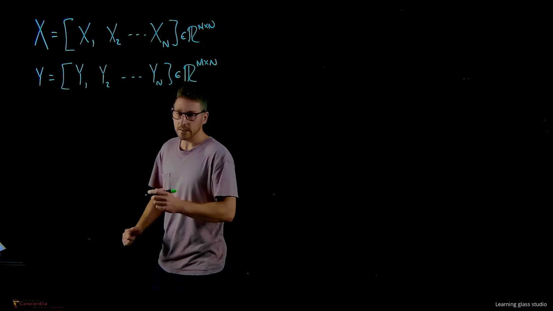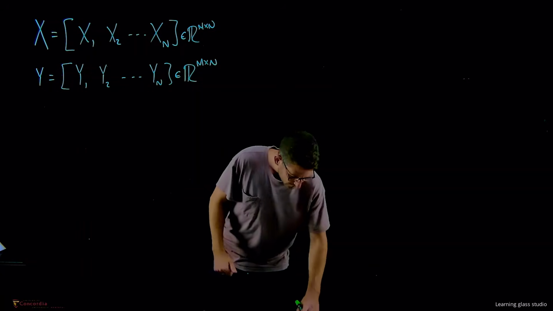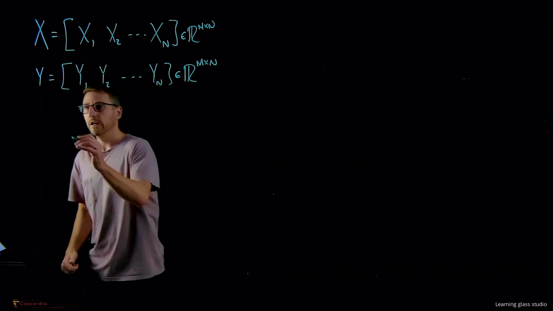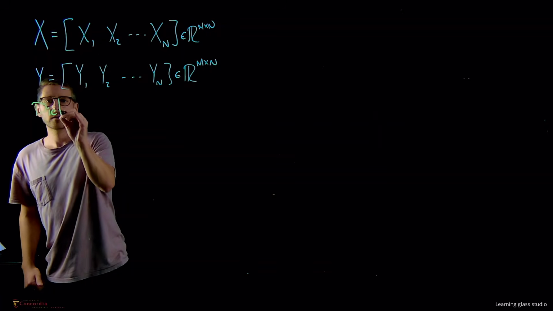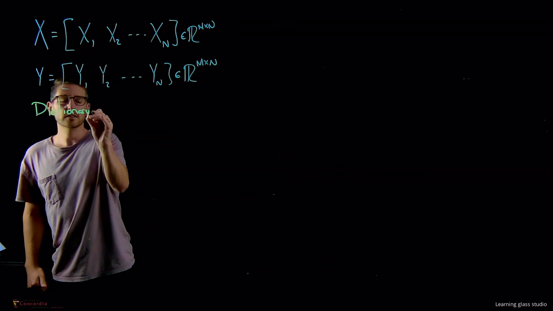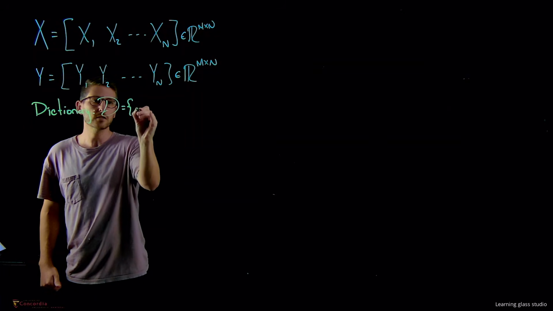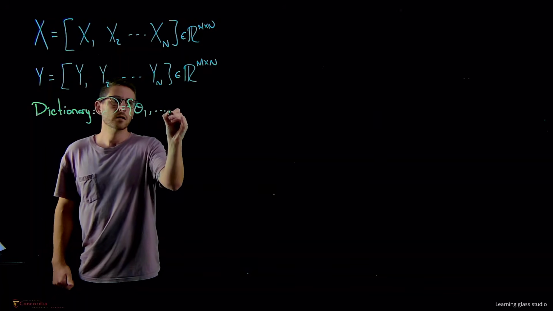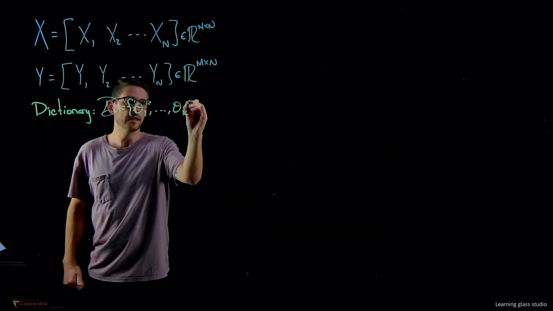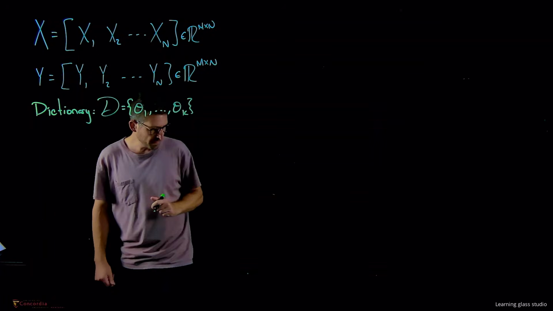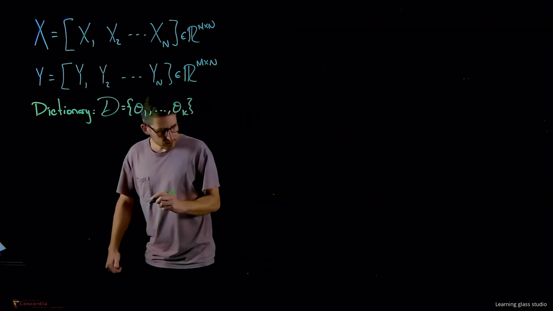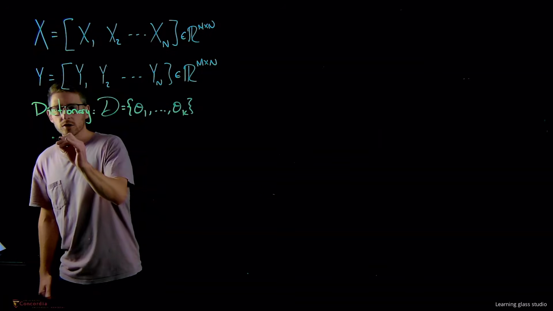Now we remember how SINDy works, right? SINDy says, give me a dictionary. I'll call it D, and it's a bunch of functions. I'll call it theta1 to thetak. Yes, I have k functions. And then SINDy tries to find a relationship that looks like this.